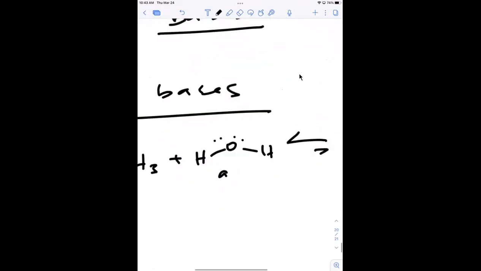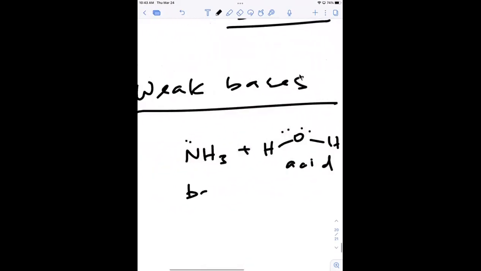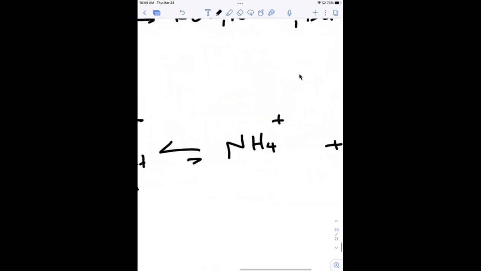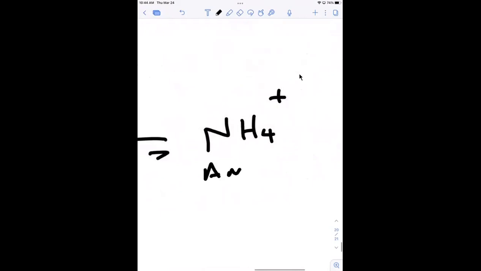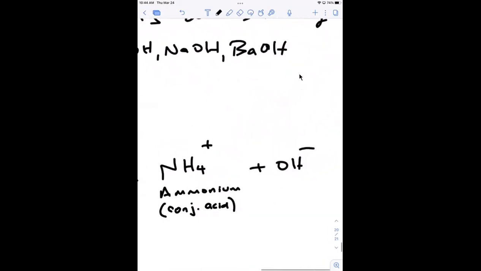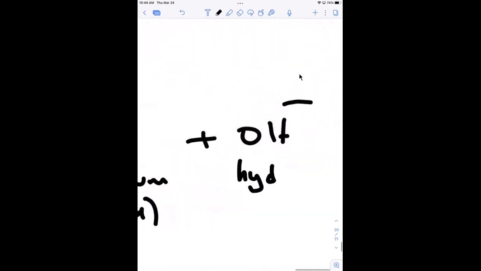In this case it is going to be my acid. And then the ammonia is going to be my base. So over here, NH4 plus, the ammonium ion, is the conjugate acid. And then the hydroxide is the conjugate base.